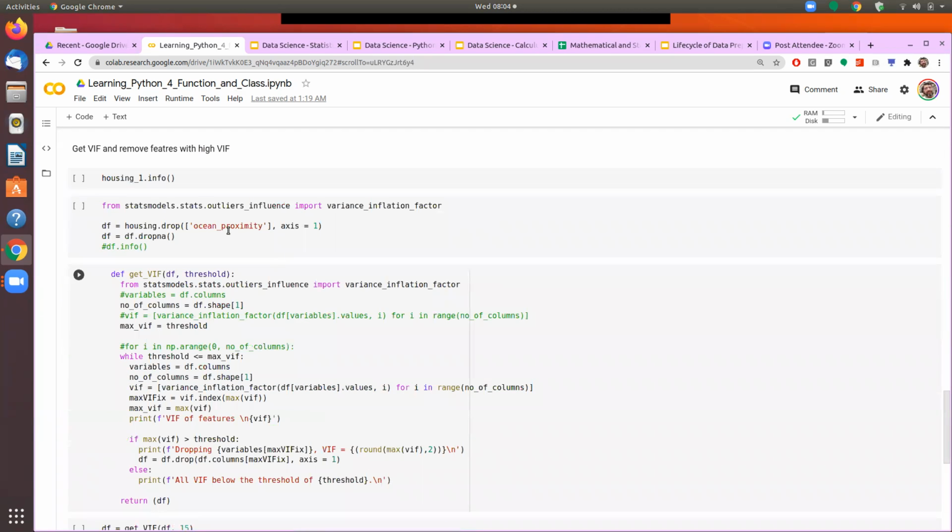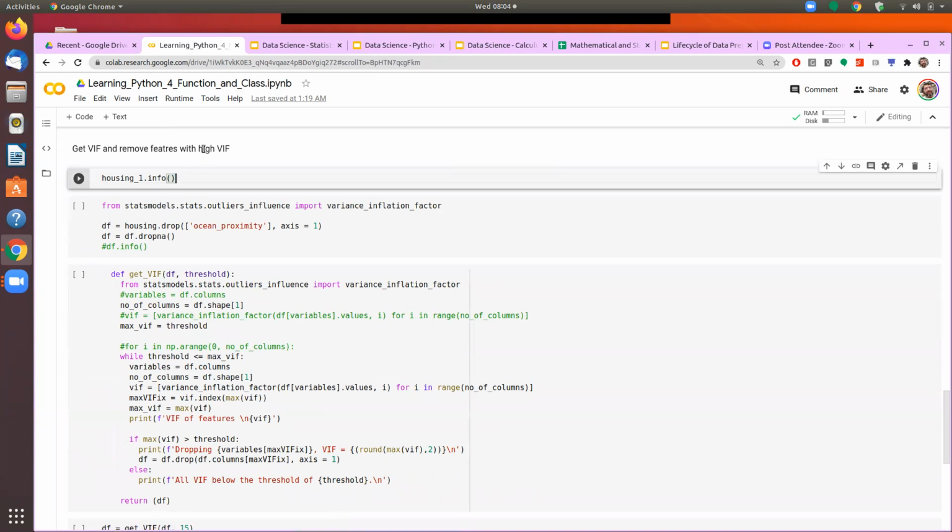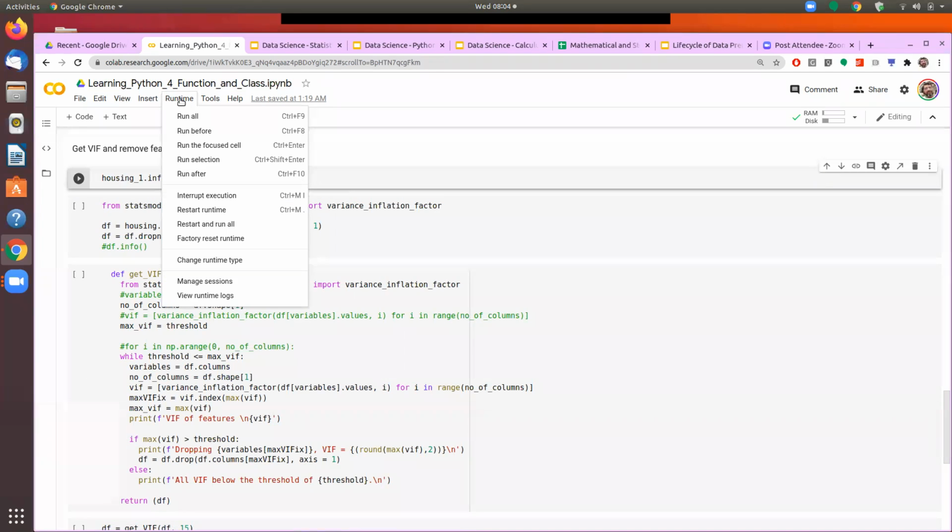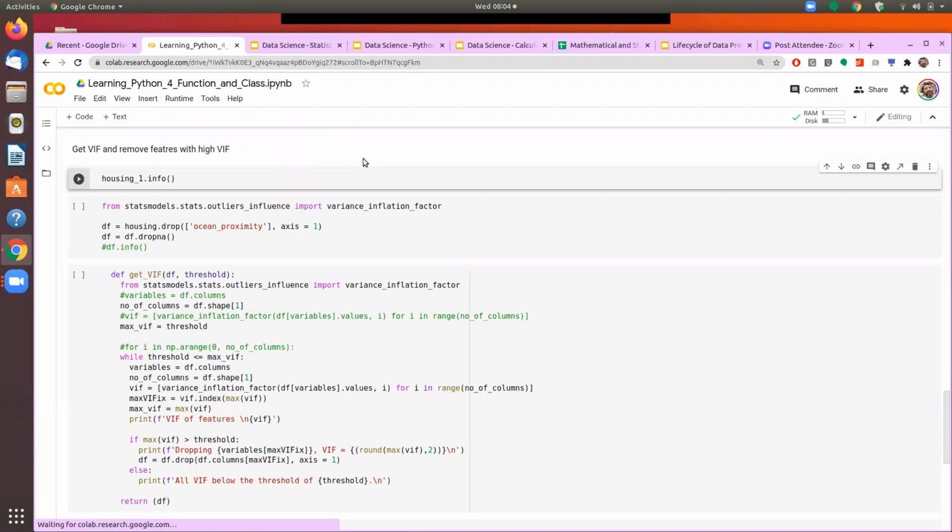So now we come to the VIF. Before that, let me run the cells. The rule of thumb is that if the VIF is less than 5, that particular feature has a very low correlation with the other features.